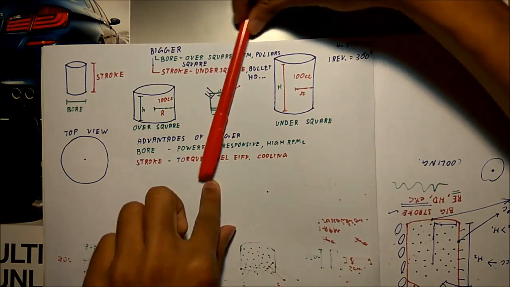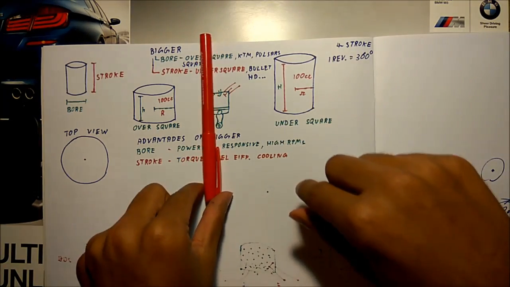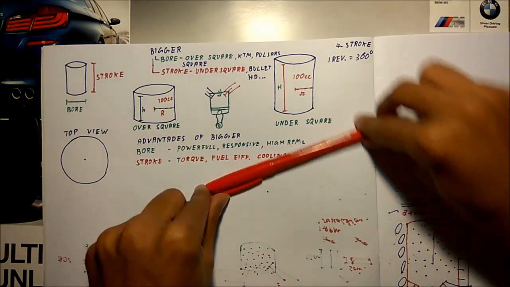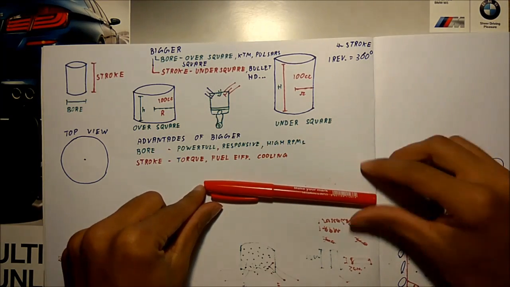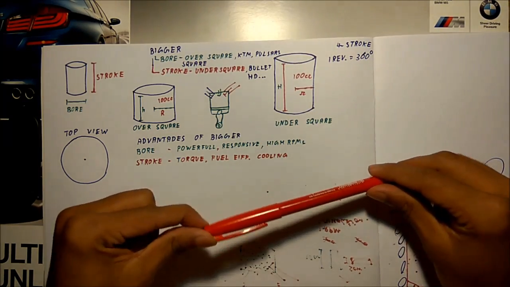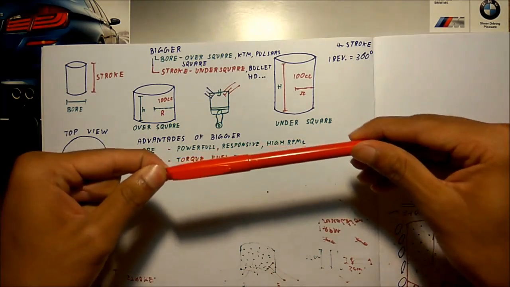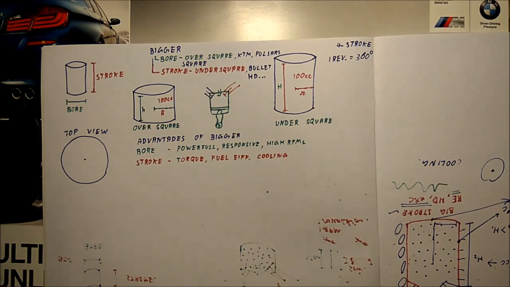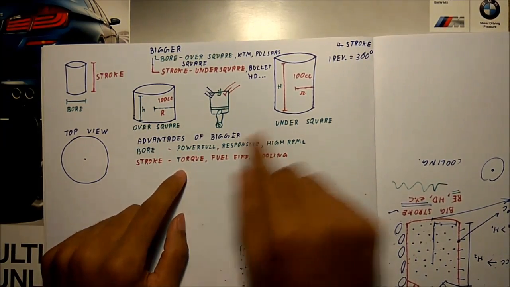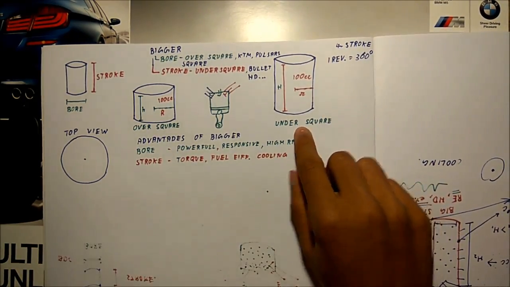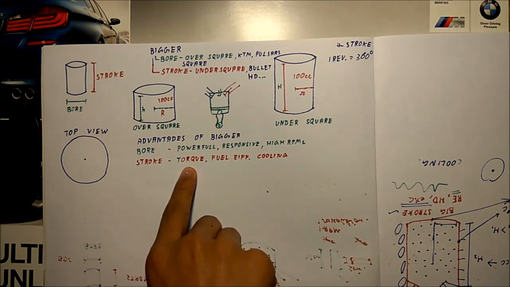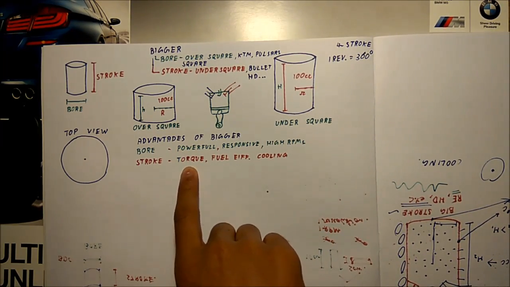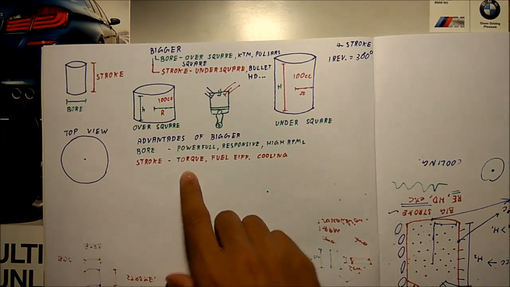But the same work can be done with a 10 centimeter wrench. My hand would travel a greater distance, but I would still be using much less force compared to the earlier scenario. So that is the case. Under square engines usually have really high torque. Take a Bullet for example.